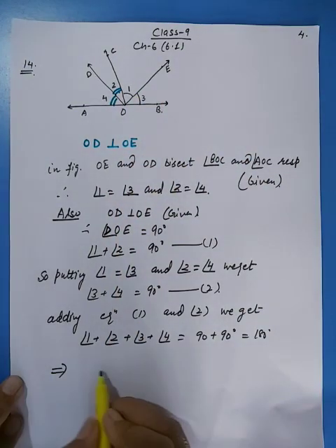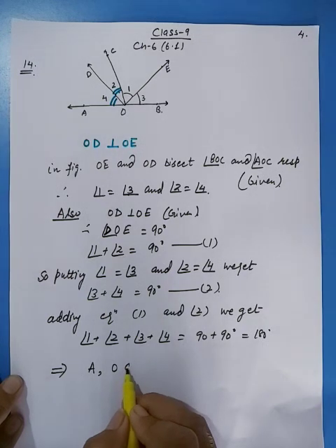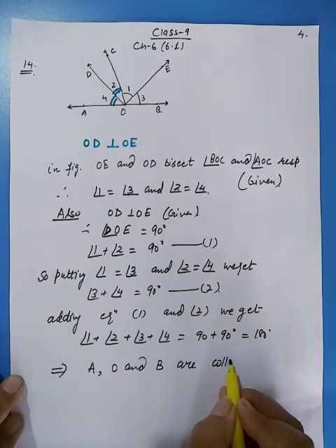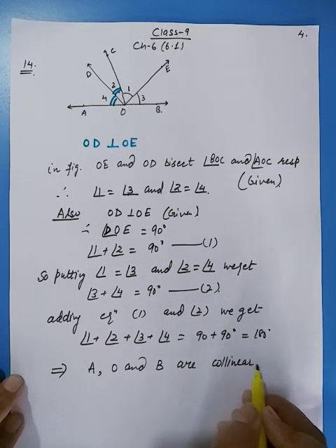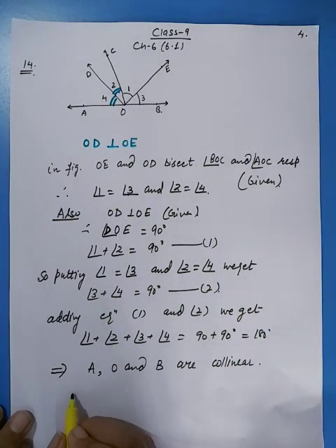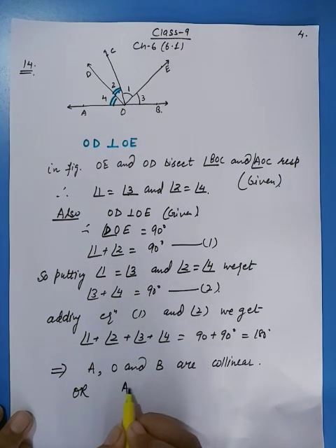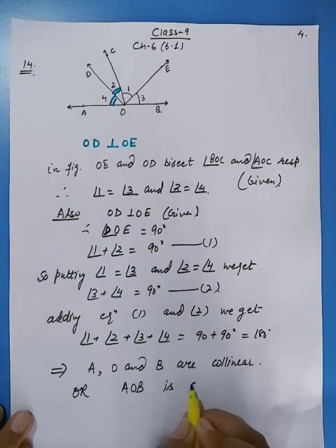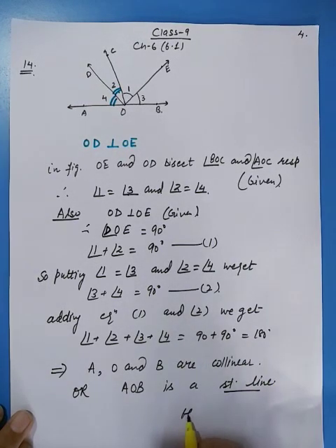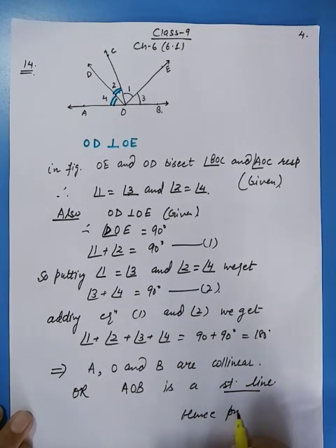So this gives A, O and B are collinear. Collinear means all the points are lying on the same line, or you can say AOB is a straight line. Hence, proved.